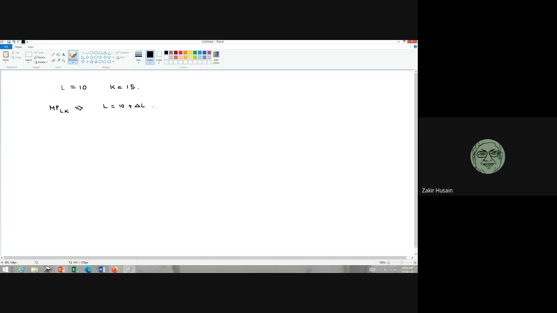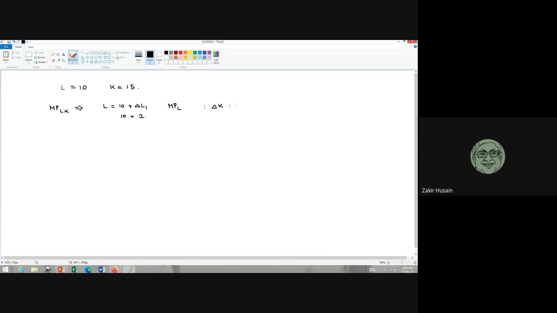So what happens is we first change labor by del L. I'm calling this del L1. So I find out what is the marginal product of labor. Let us say this is 2 units. Then I change capital.